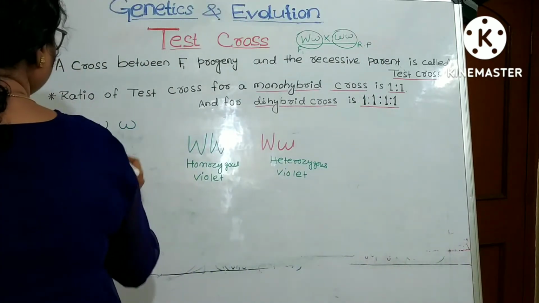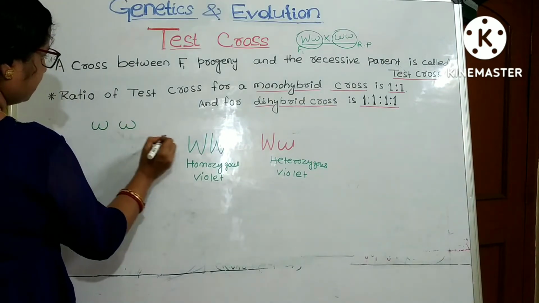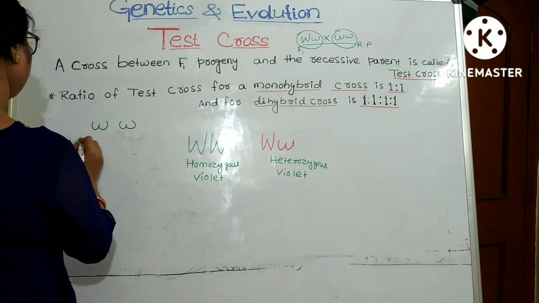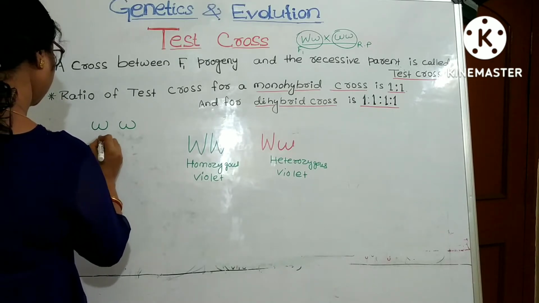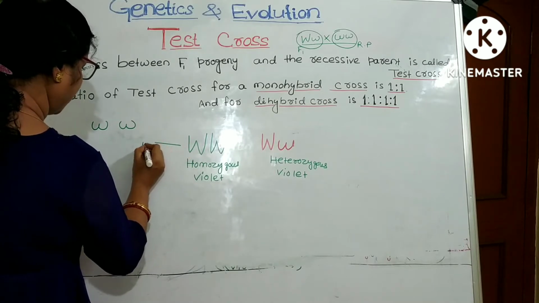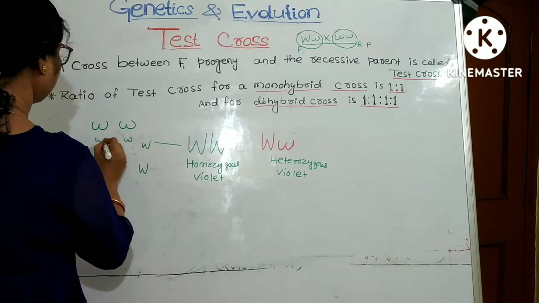So if we cross the recessive parent with the homozygous violet, we get the gametes capital W, capital W, and small w, small w.